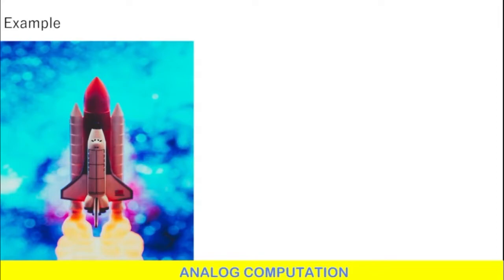This is basically a physical problem. You can see there is a rocket and the fuel is getting burned, so combustion is happening and it is releasing some fog, and the rocket is going upward. The forces acting here are, first, the thrust, which will propel the rocket in the upward direction.